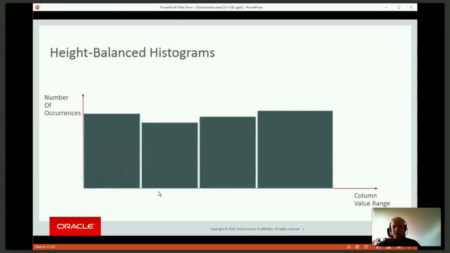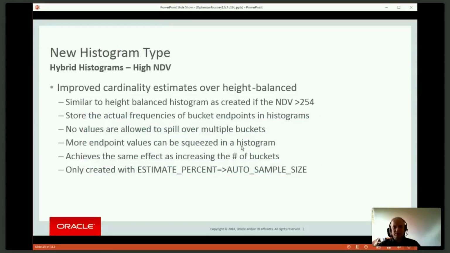Height balanced tend to look like this, where you have a high NDV and they cover a range of column values, and they're called height balanced because generally speaking each histogram bucket is a similar size. So the new histogram type there are hybrids. They kind of refine the way the height balance works.